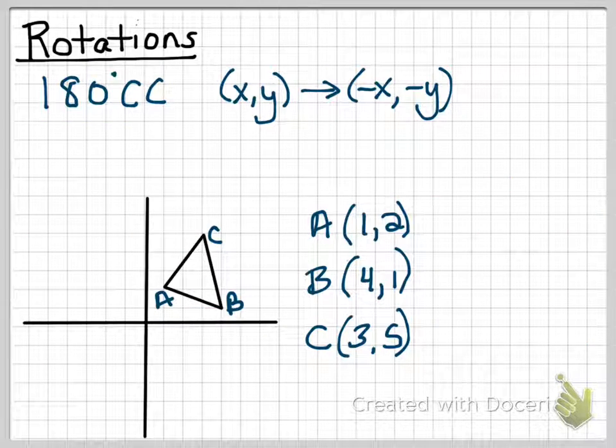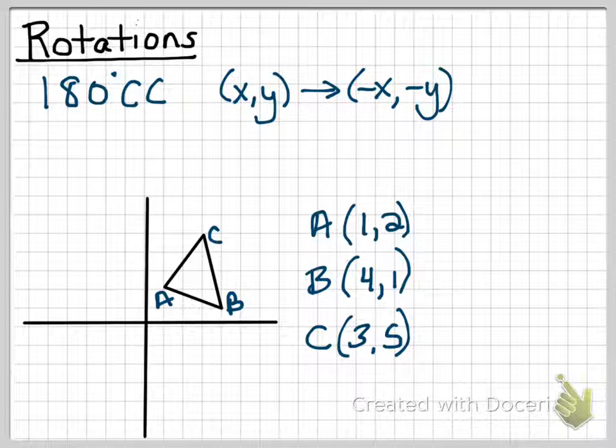So what we're going to do next is take a look at 180 degrees counterclockwise. Again, you could use your transparency and watch how it plays out in your interactive notebook, or look at the rule. If my original point is (x, y), when I do a 180 degree counterclockwise rotation, it's just going to change the signs of both. It's going to change into (negative x, negative y).